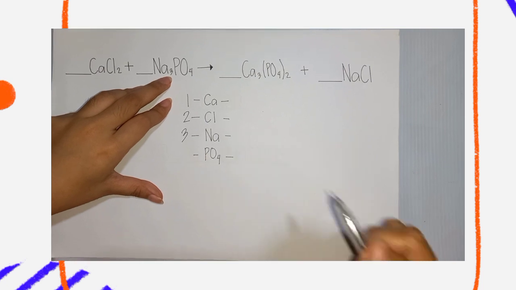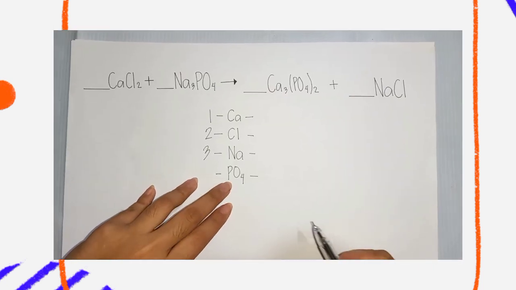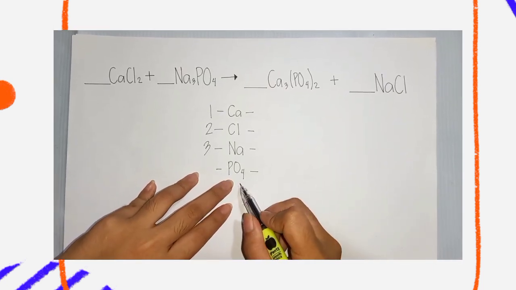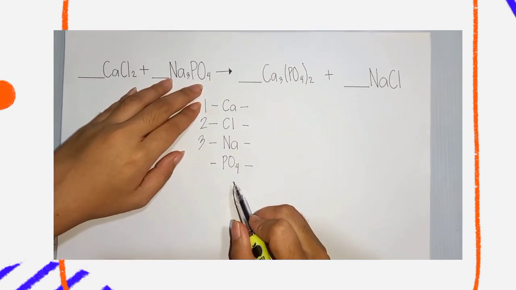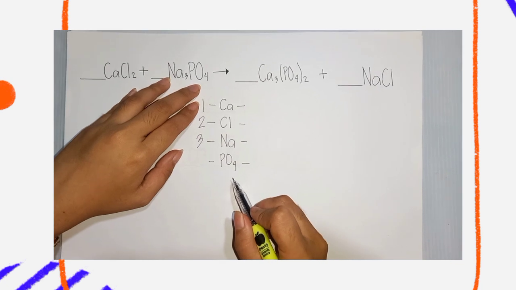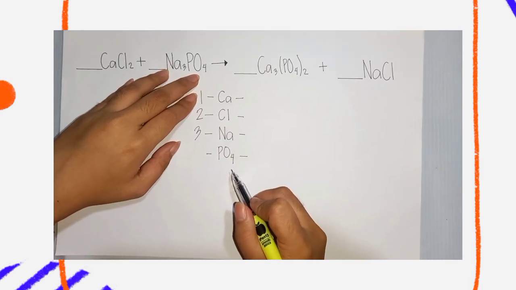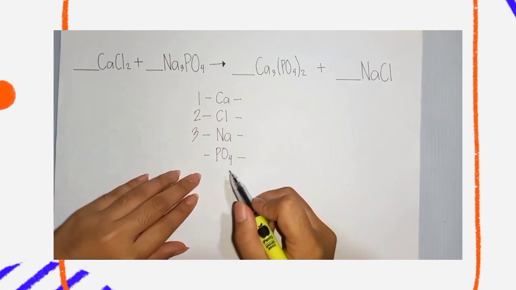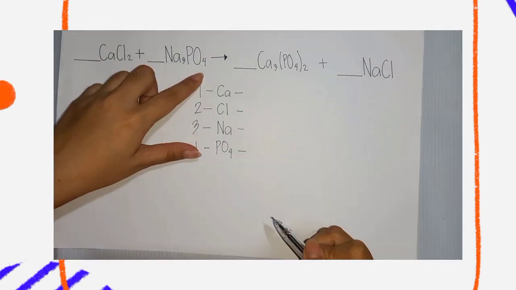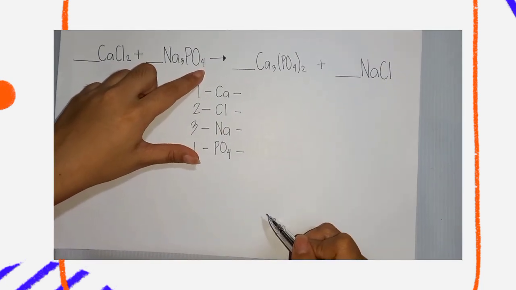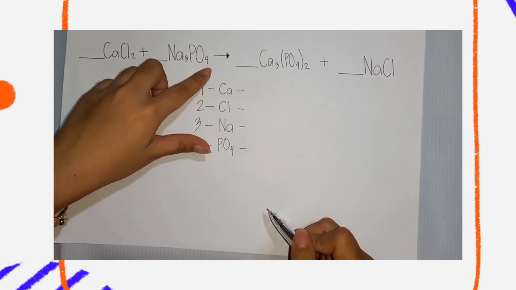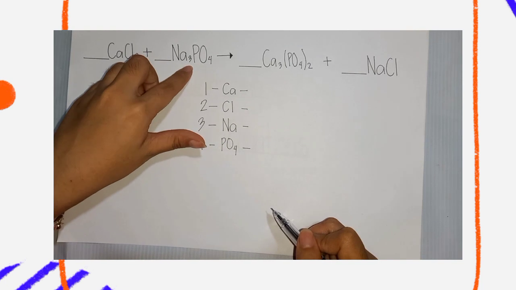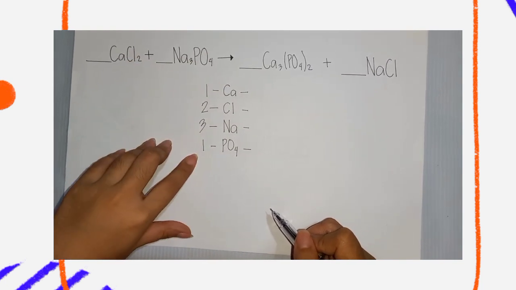And then we need to get the subscript for our phosphate, our polyatomic ion. It is assumed to be 1. We cannot write 4 because 4 is the subscript for oxygen. As a polyatomic ion, the subscript is assumed to be 1.